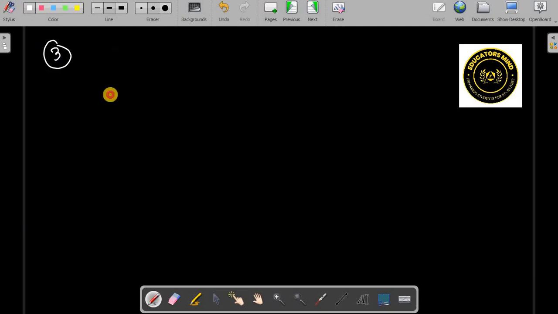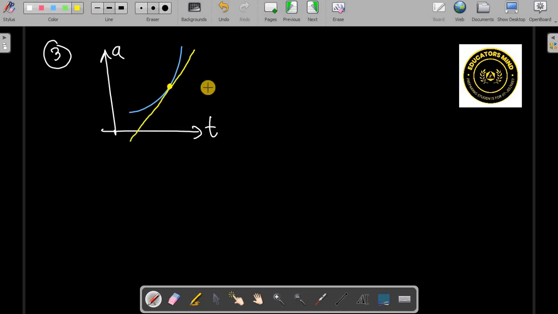Third, if you take the at graph, the acceleration time graph. Again, in the acceleration time graph, you can define the instantaneous slope, right? So here dA by dt will give jerk.